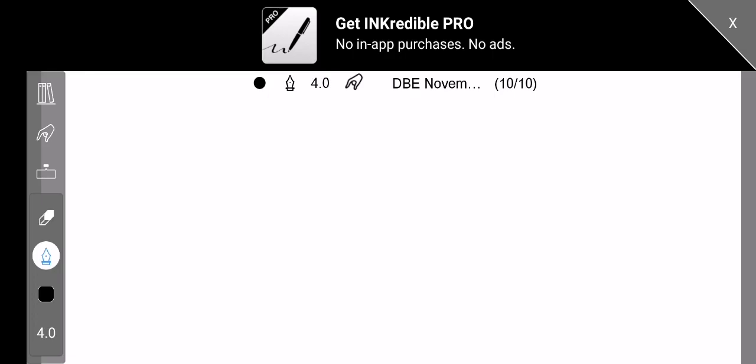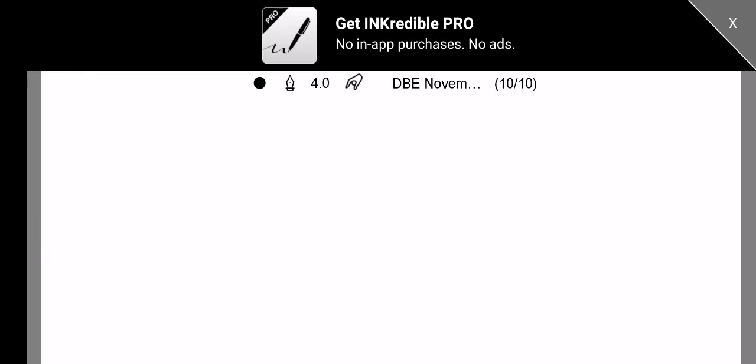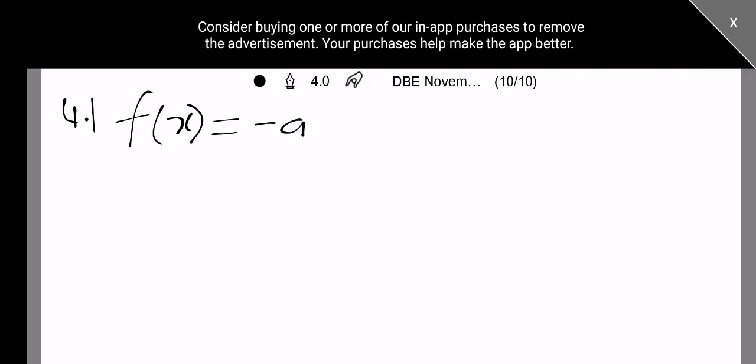That is question 4.1. Now we're given that f of x was equal to negative a x squared plus b x plus 6.